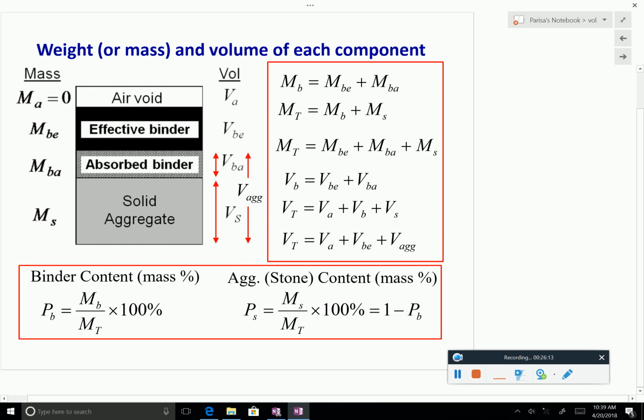So, there are some definitions. Important: binder content. Mass of the binder over the total mass, expressed in percent. The rest is mass of solids or stone, M sub S. So you can just say MS over MT, or one would be 1 minus the other one.